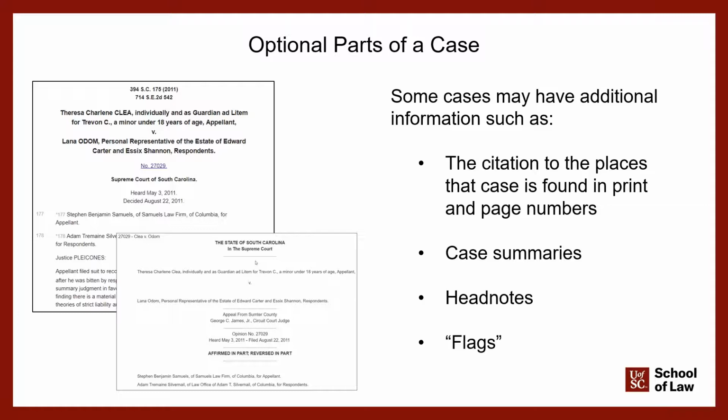Some resources will have other options. They're going to have things like citations to other places the case can be found in print. They may have summaries. Those are usually going to be put in by the editors. The high-end databases and the books also tend to put in head notes, which are little blurbs, 1 blurb for each legal point the case is about. And then there's something that lawyers will call flags. And flags are basically indications of what other cases have done with it.